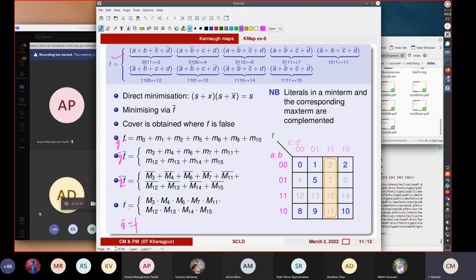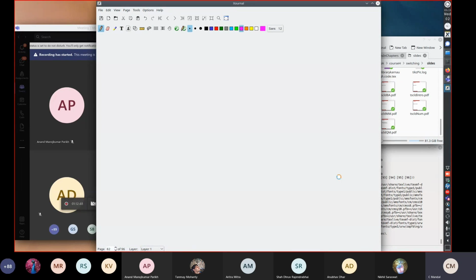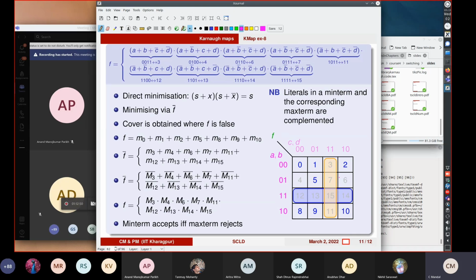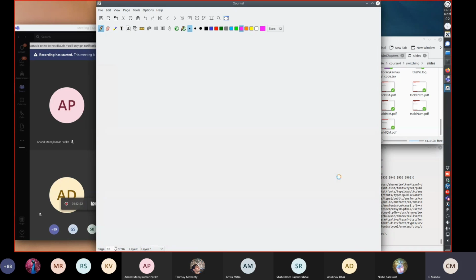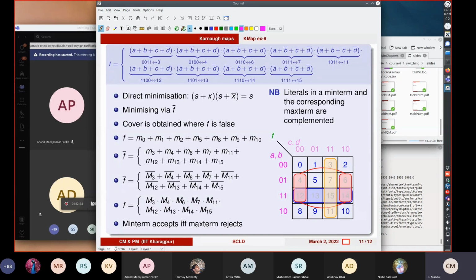The minimization as such, as you can see over here, is done in the same way. When you're minimizing with these, you're doing it in the same way.